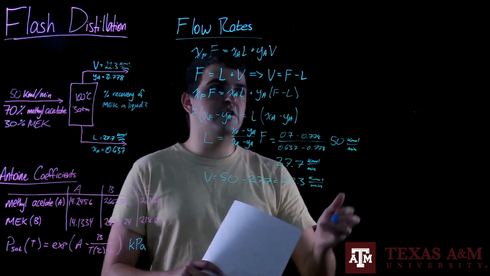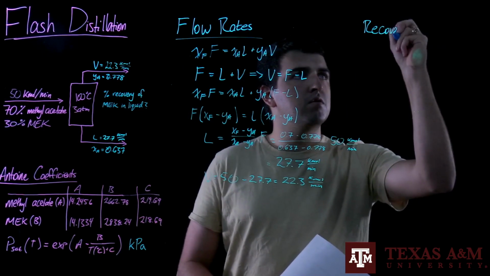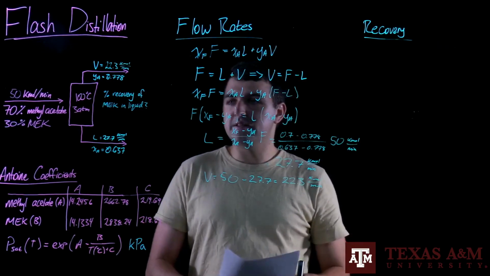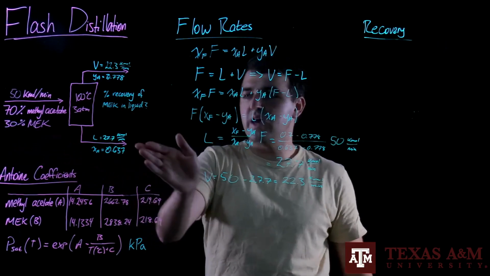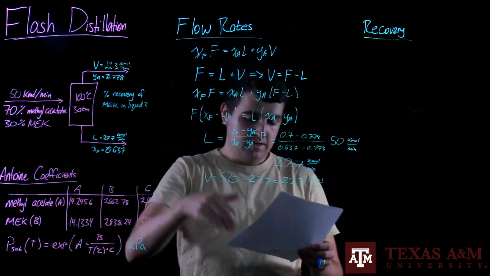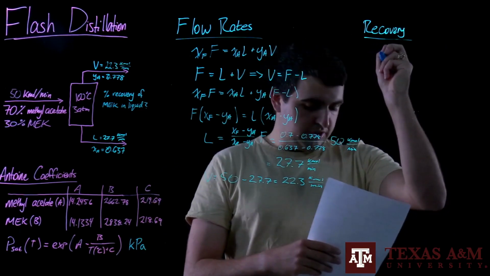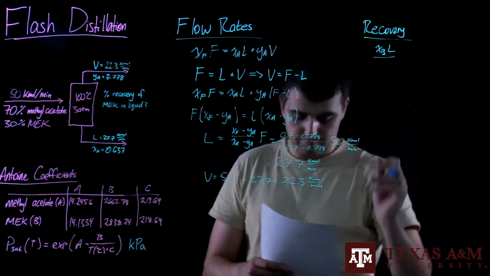Lastly, we want to do the recovery. For our recovery, this is just how much of our total methyl ethyl ketone ends up in our liquid phase. So for that, this is just equal to XBL.